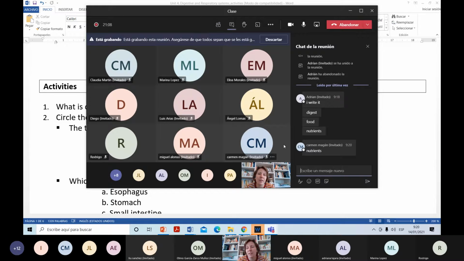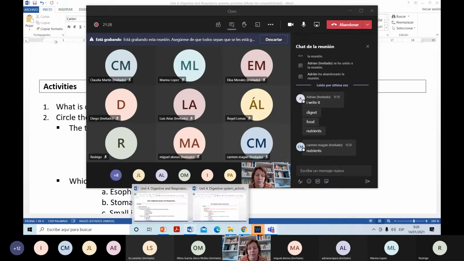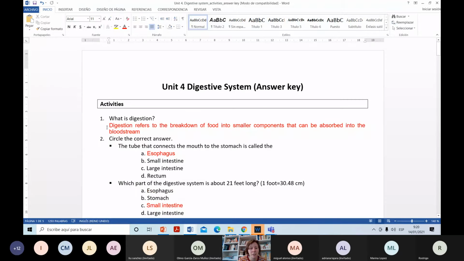So that could be a very simple definition for digestion. Just transforming complex food, that could be solid food, into simple nutrients that could be, the other verb is absorbed by blood. Okay, so that could be a definition.